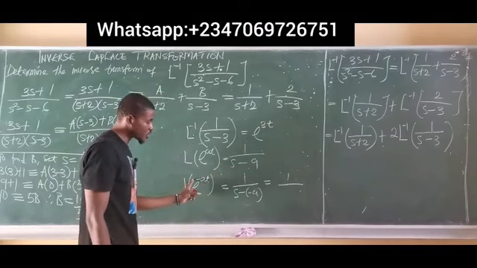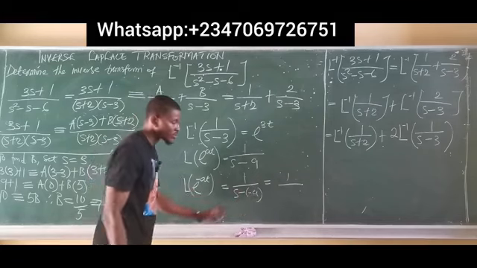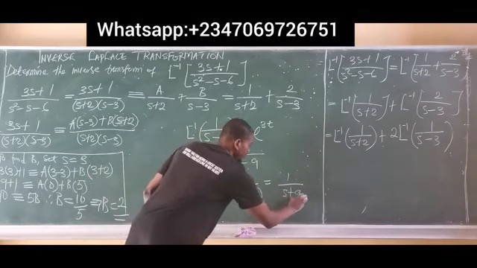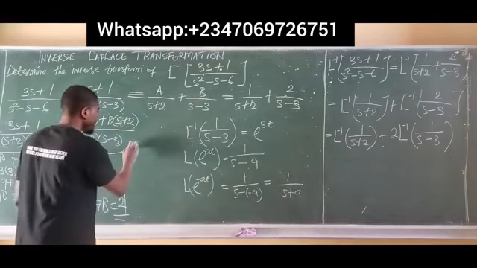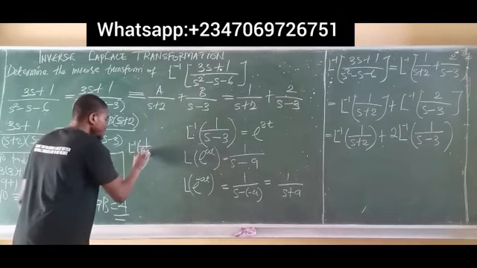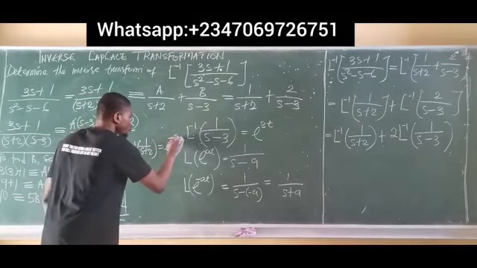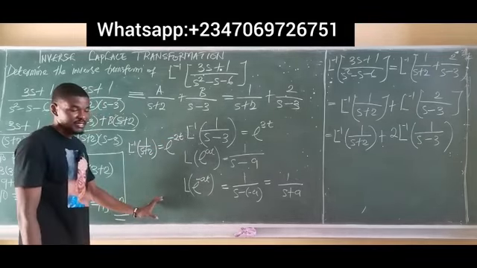In this case now, a, which is the number, is minus a. Minus minus becomes plus. You have s plus a. So this simply means that the Laplace inverse of 1 over s plus 2 is automatically exponential minus 2t. Keep this in mind.